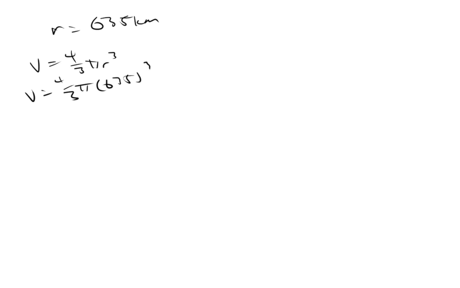So we're given the radius to be 635 kilometers, which means that we can plug it into volume is equal to 4/3 times pi r cubed. So volume is equal to 4/3 multiplied by pi 635 cubed. So if we plug this into our calculator, we're going to get quite a large number.